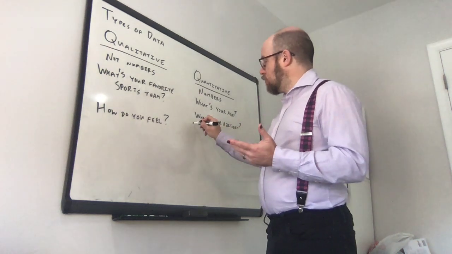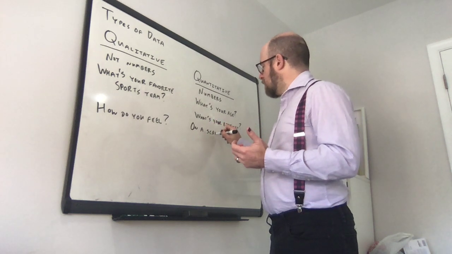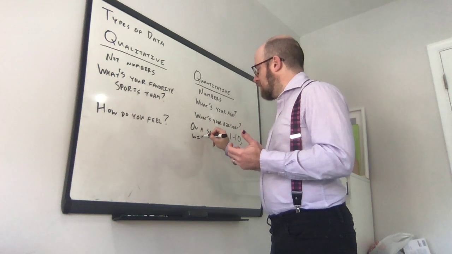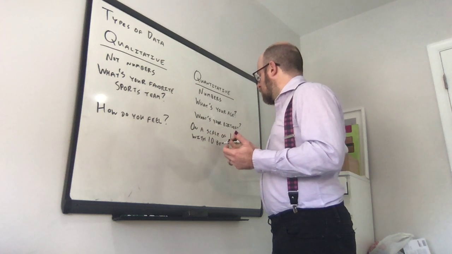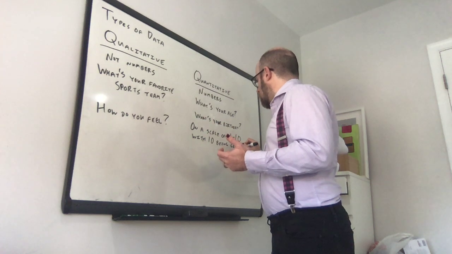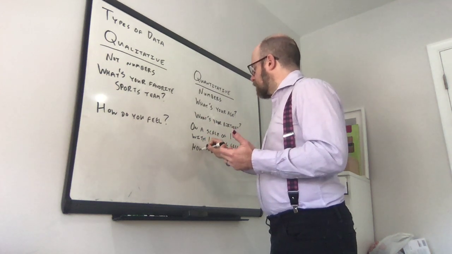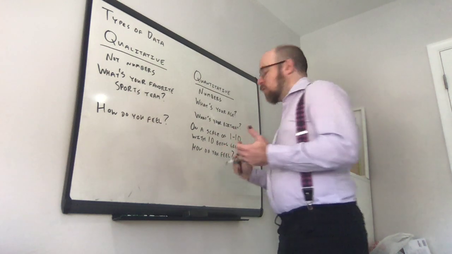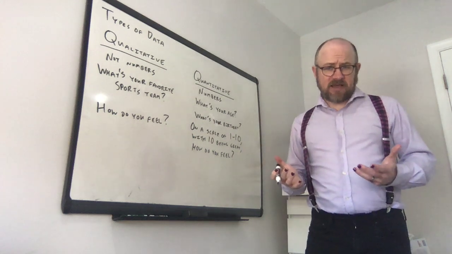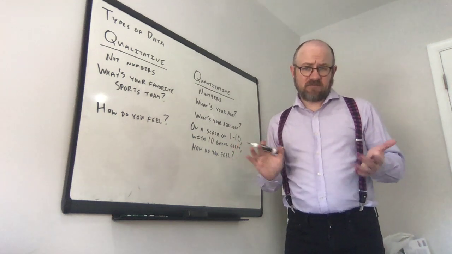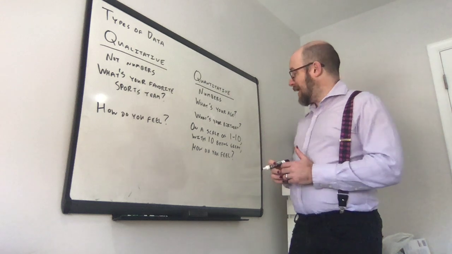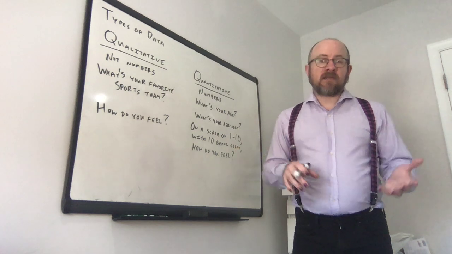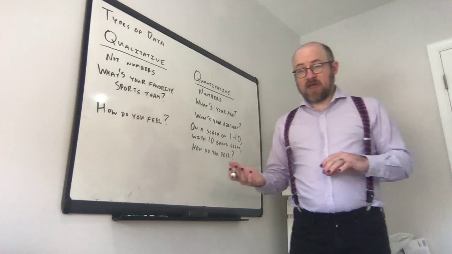But if I asked you on a scale of 1 to 10, with 10 being great, how do you feel? Right? Then 5 would be a legitimate answer, right? You say on a scale of 1 to 10, I feel 5, kind of in the middle between bad and great. Okay? So you can collect the same information in a qualitative way or in a quantitative way sometimes.